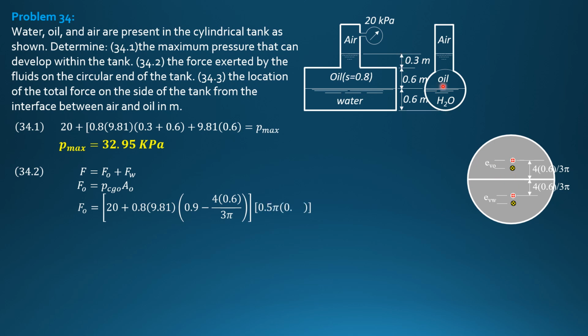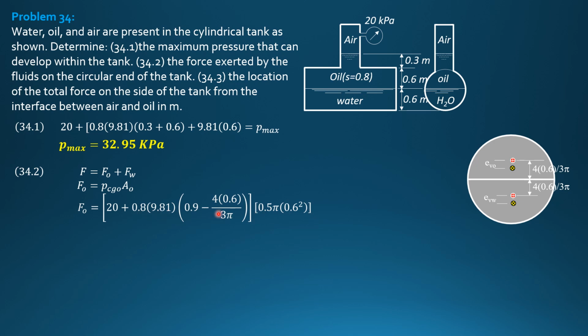Because at the diameter the depth of oil is 0.9, then we have to go up to the centroid. So we have to subtract 4r over 3 pi because this is the centroid. So the distance from the interface of air and oil to the centroid of oil is 0.9 minus 4r over 3 pi. And this is the area.